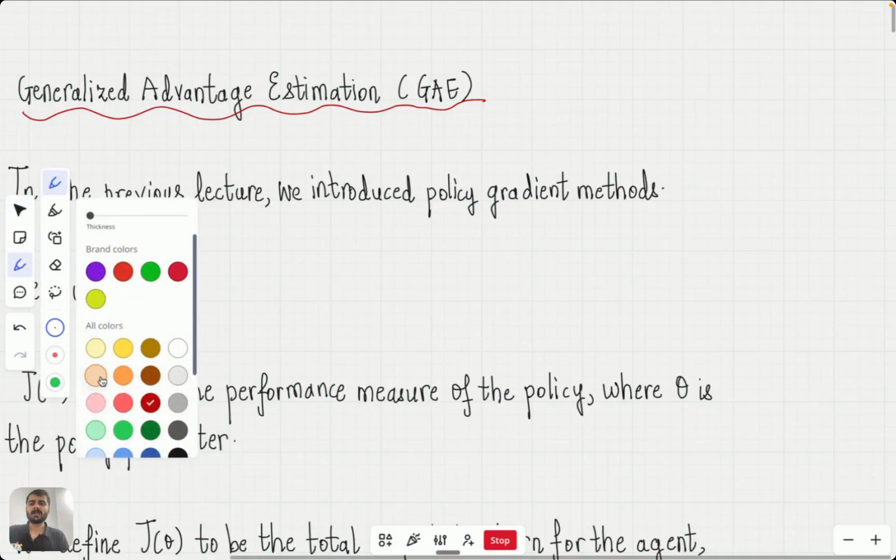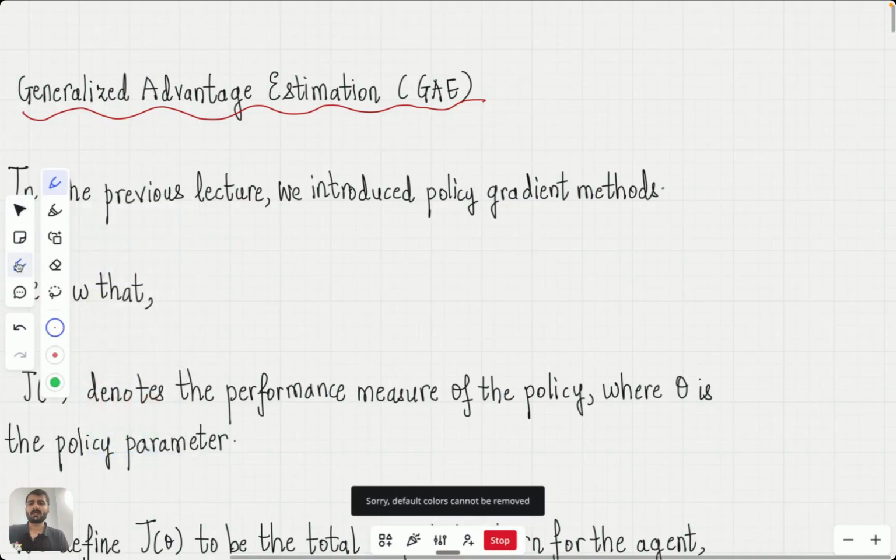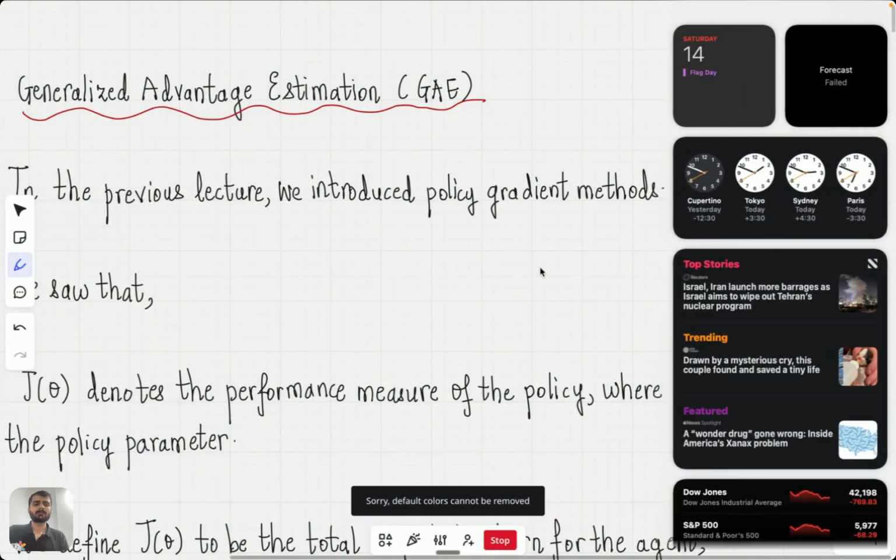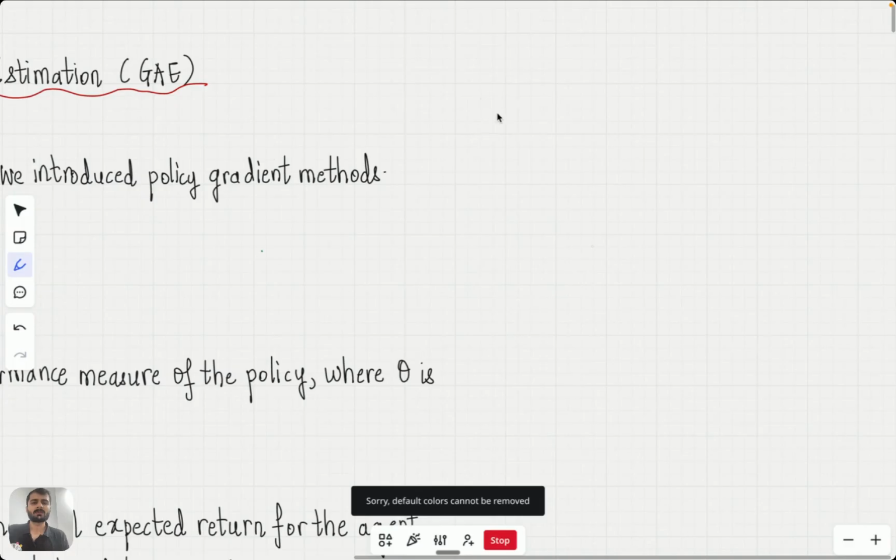So, in policy gradient methods, we looked at two steps. Step number one was parameterizing the policy.